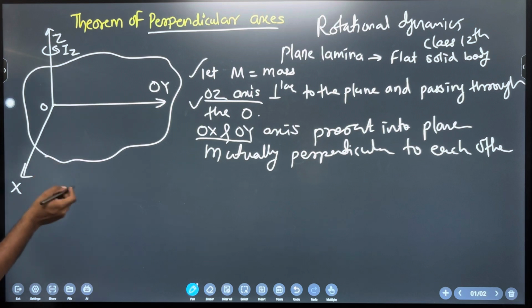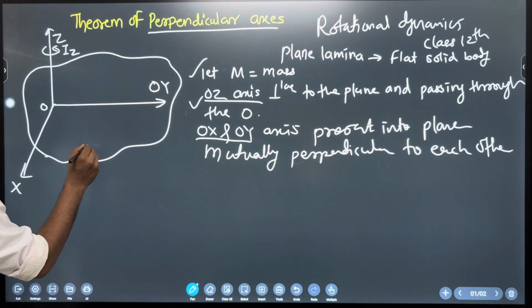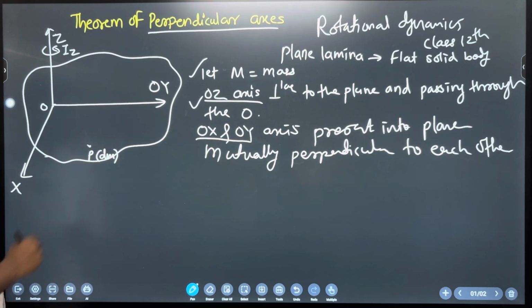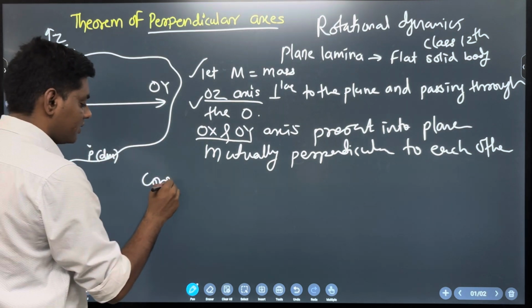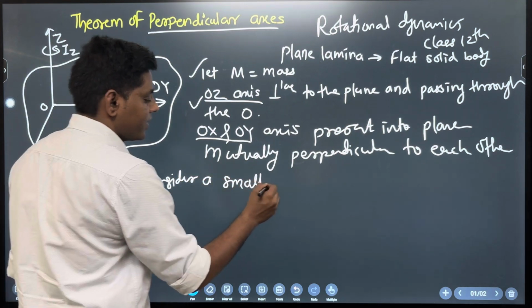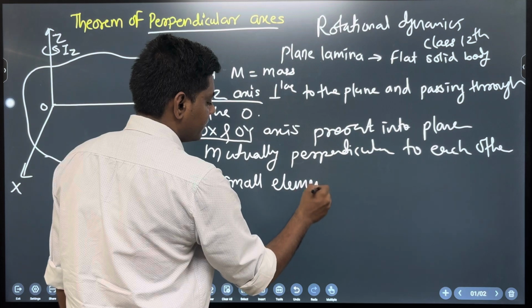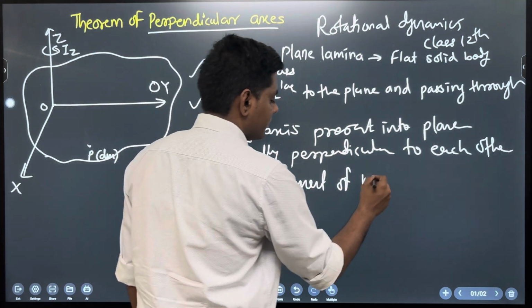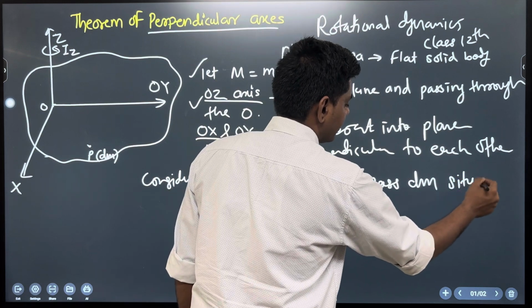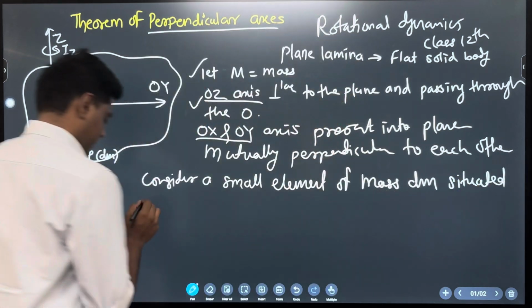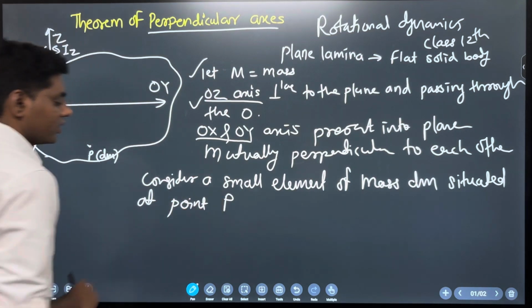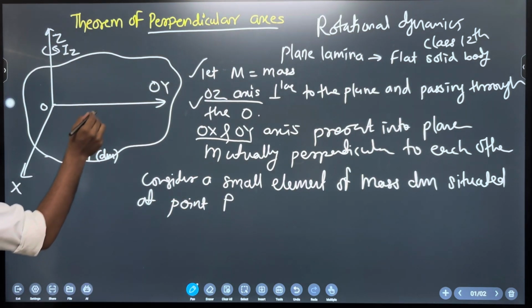Next we consider a small element of mass dm situated at point P. Then we join OP.